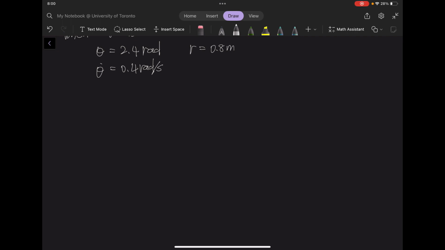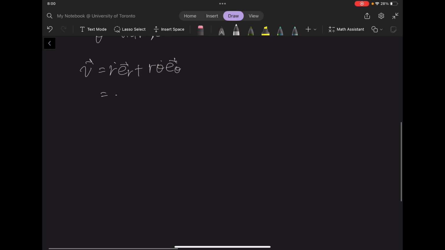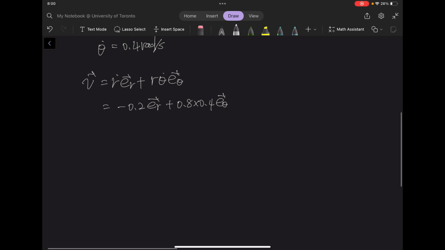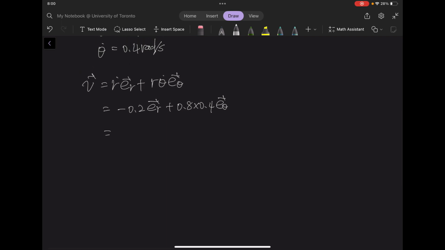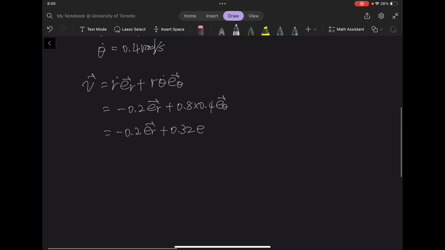So we have the expression for velocity, which is r dot er plus r theta dot e theta. It's negative 0.2 er plus 0.8 times 0.4 e theta, which is equal to negative 0.2 er plus 0.32 e theta meter per second.